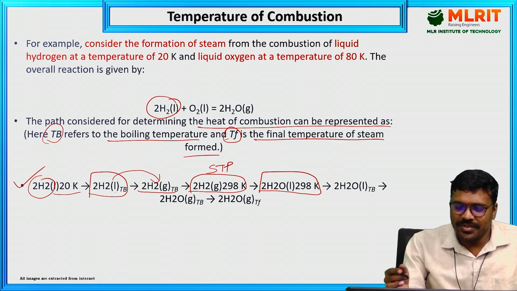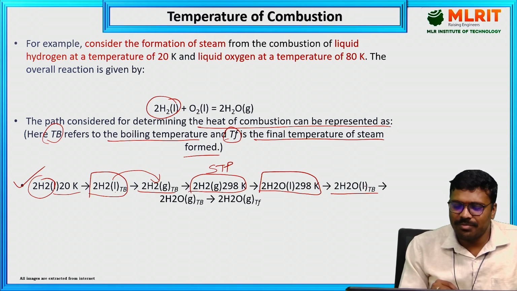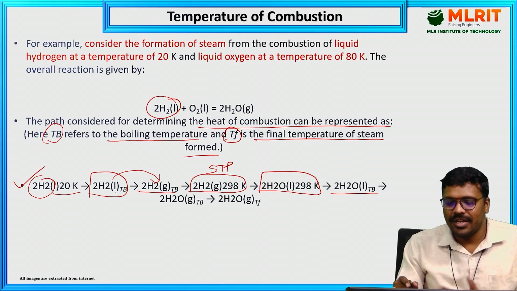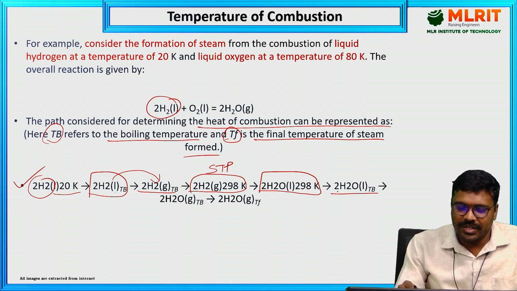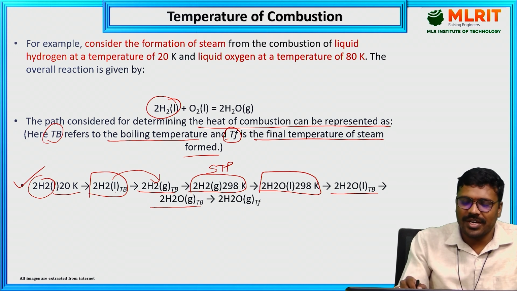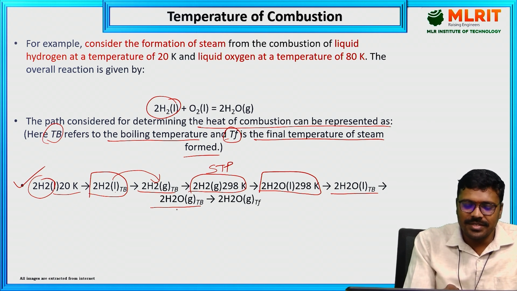After that, energy will be transferred to the H2O. So the liquid state hydrogen will go to the boiling point in the same liquid state. Still the energy is there, then this will turn to gaseous water, that means steam.